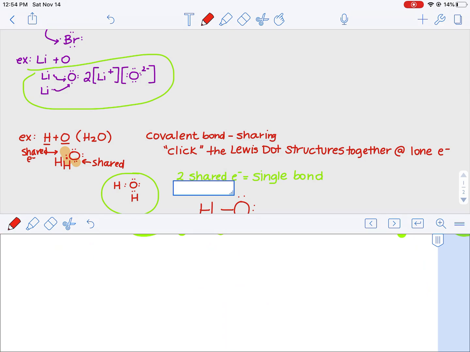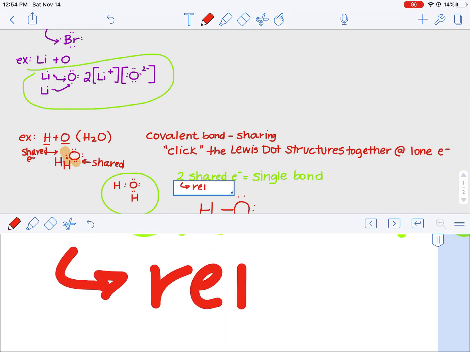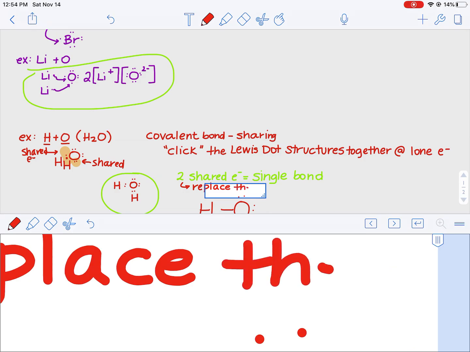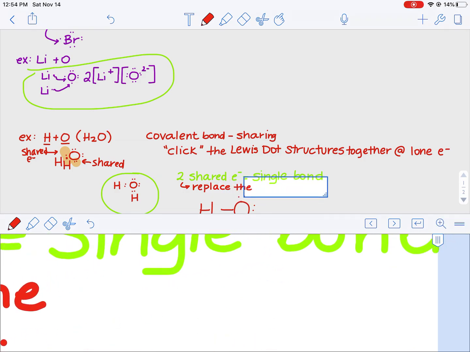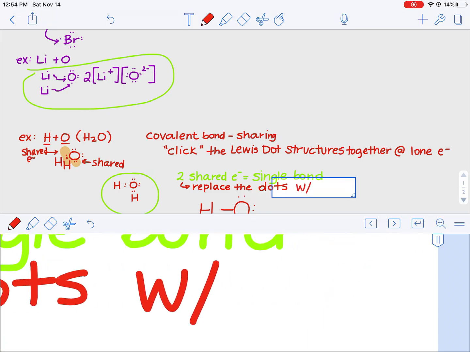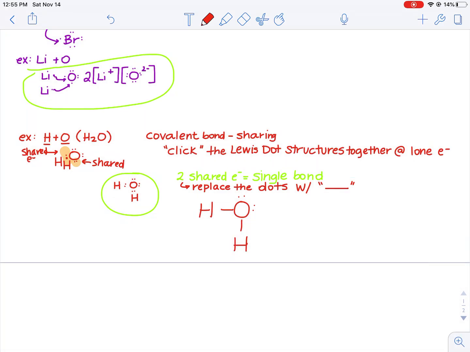So for every 2 shared electrons, you can replace the dots with a dash. And every time you see that dash, you automatically know that means a single bond, and you know that 2 electrons are being shared.